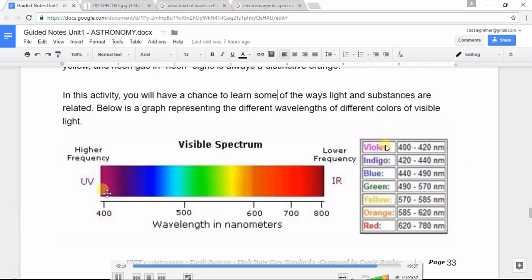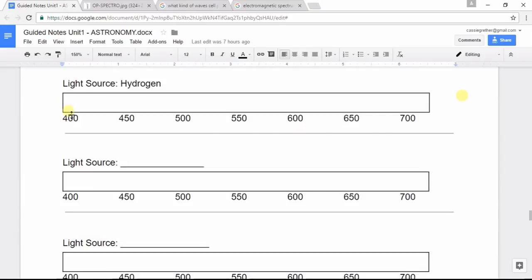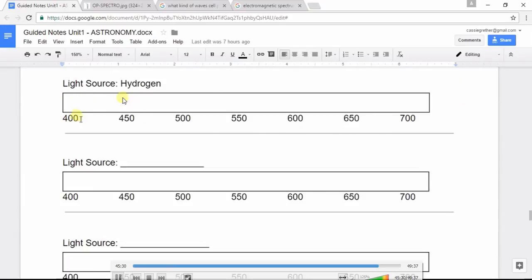you will see that violet extends from 400 to 420 nanometers. Indigo is 420 to 440. Blue is 440 to, I'm not sure where it goes, it went away. But these numbers coincide with these numbers. So if you have a purple, you need to have it somewhere between 400 and 450.